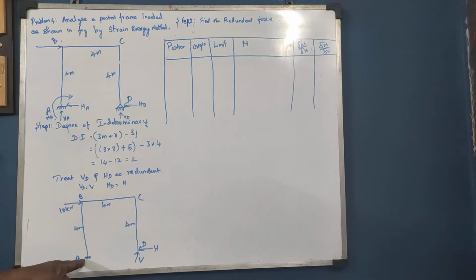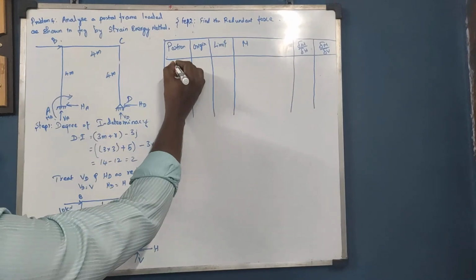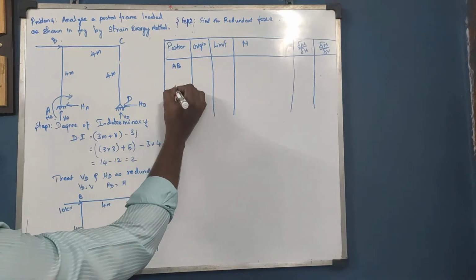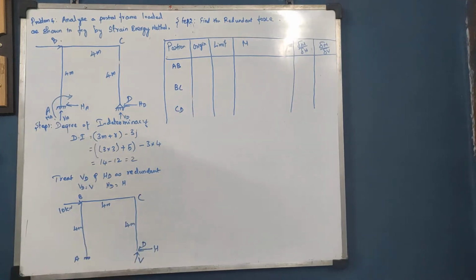So we have 3 members. Since there is no force acting within a member, we can consider 3 portions: first portion AB, second portion BC, third portion CD. Consider a section in AB.